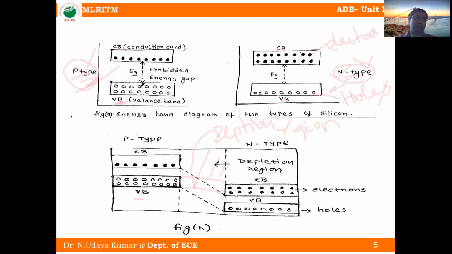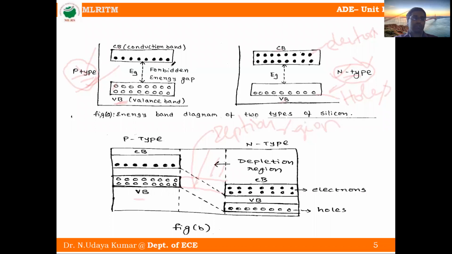So holes are the majority. In n-type, the majority charge carriers are electrons and minority charge carriers are holes. It is a heavily doped material, meaning more holes in p-type, more electrons in the conduction band in n-type, and holes in the valence band in p-type.